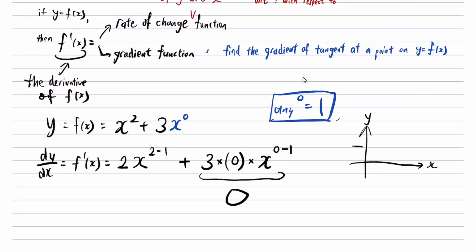A straight line. It's a horizontal line. I must be more precise, because a straight line can be many things: horizontal, vertical, or diagonal. So it's a horizontal line. Then can you tell me what's the tangent that you draw at, let's say, this point?